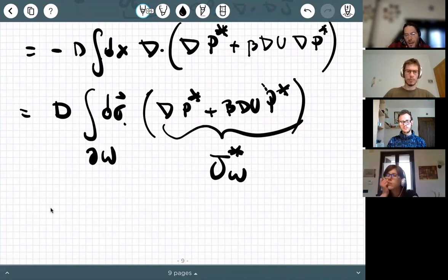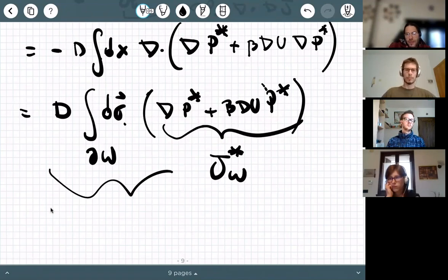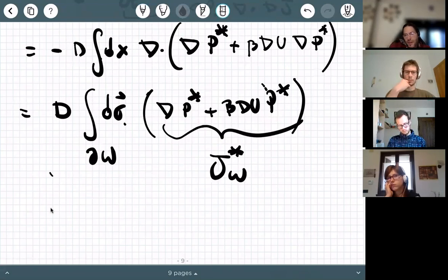Okay, and this is called actually, if you think about it, the first passage time distribution. Now this is the proper definition of first passage time distribution. Okay, I can stop here.